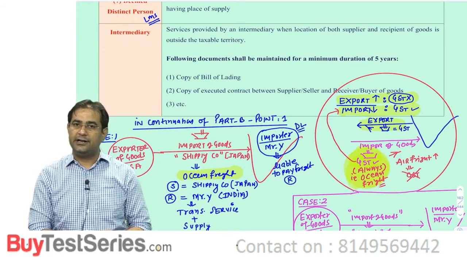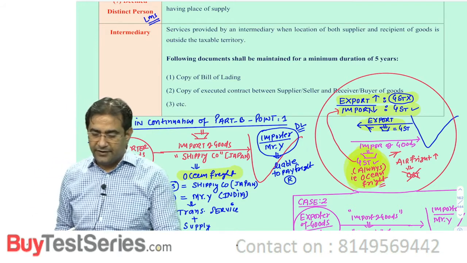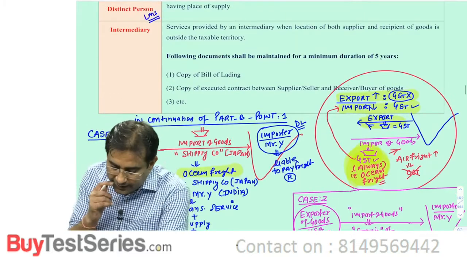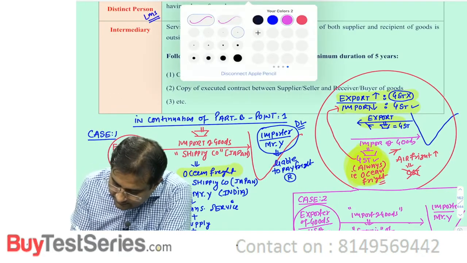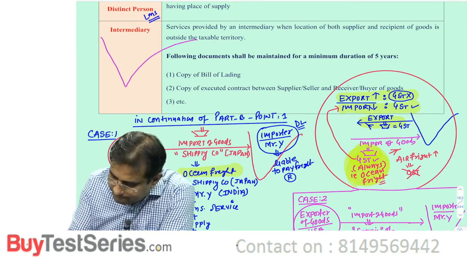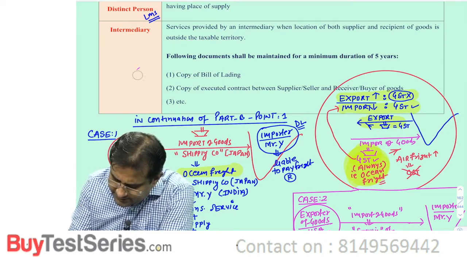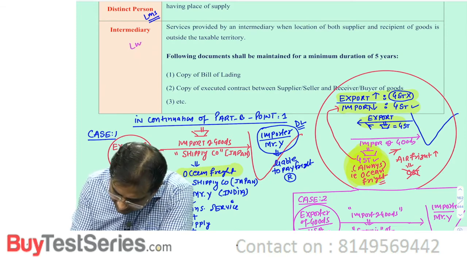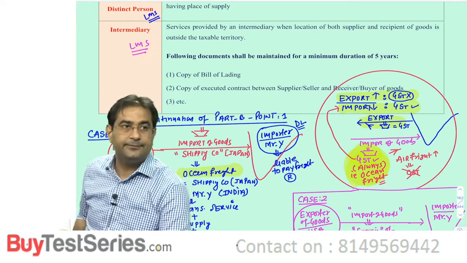And for entity, what was the provision of entity? I have already told you and will again explain it for you. This was the provision, my dear. Come on the LMS.